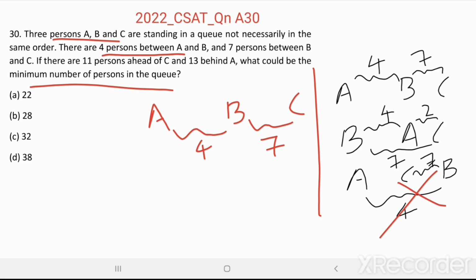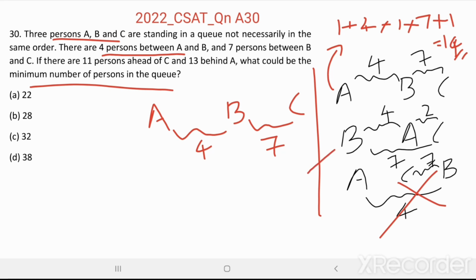Now see the first arrangement. In the first arrangement, how many persons are there? A, 1 person. Then between A and B, 4 persons. Then B, another person. Between B and C, 7 persons. Then C, 1 person. Total 14 persons are there.